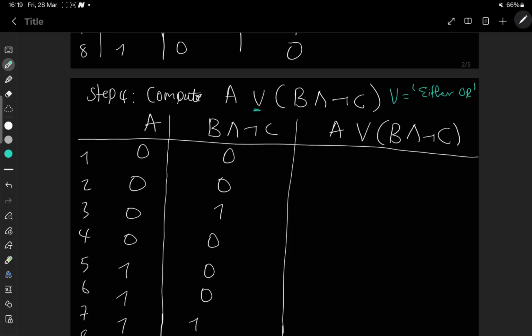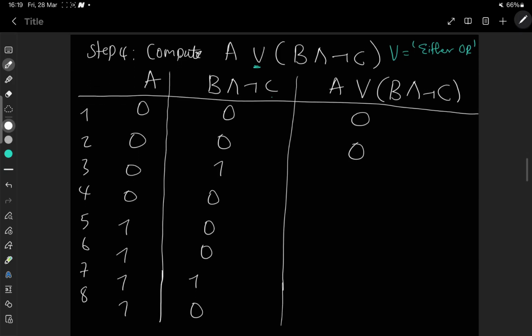Either of the statements must be true. So when you have A to be false and then this one here to be false also, that means the whole statement is false. So the truth value we have here is false. It applies here too, false. Then here is what? True, because at least we have one statement that is true here. And this one is what? False also, because everything is false here.